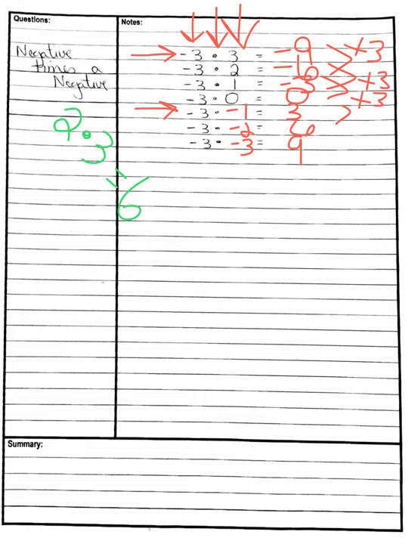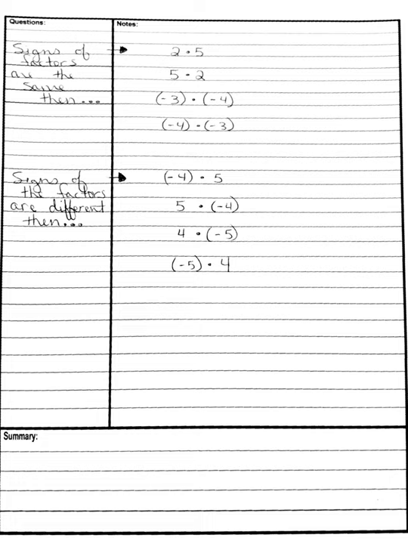We're going to go to slide 3. If the signs of the factors are the same, so 2 and 5, they're both positive. 2 times 5 is 10. And what about a positive 5 times a positive 2? That is also 10. Positive 10. We know the order we multiply doesn't matter. Commutative property of multiplication.